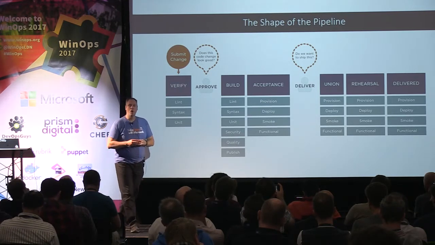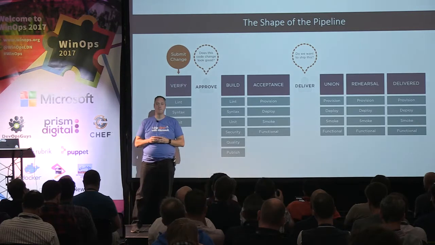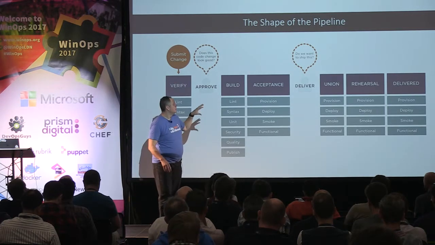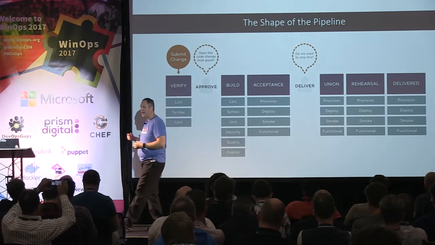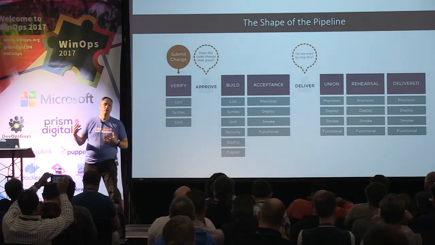The part that most talks about CI and CD miss is that last part: what happens after we've gotten through our pipeline? What happens when the thing that I built collides with all the other things in our environment? Because the config management we write and the software we write don't exist in isolation. They all have to come together and work together in a different environment. That's what the union, rehearsal, and delivered stages are.